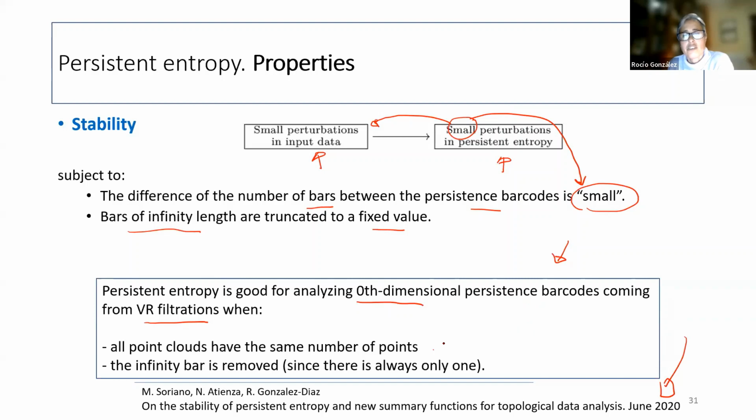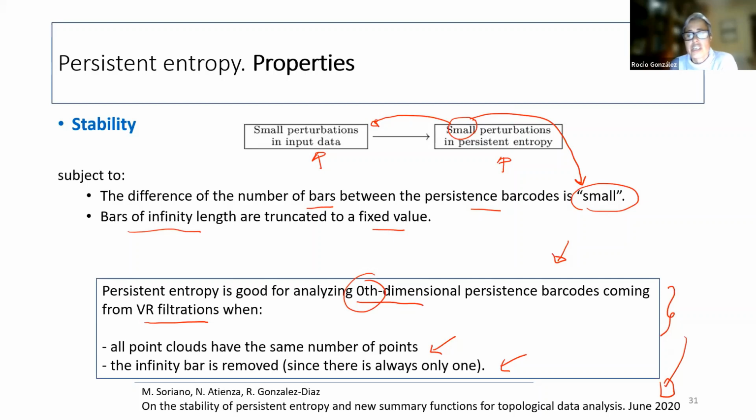All point clouds have the same number of points, and the infinity bar is removed. There is only one because we work with zero-dimensional persistent barcodes. If we design a procedure using this constraint, we can ensure that this procedure is stable.